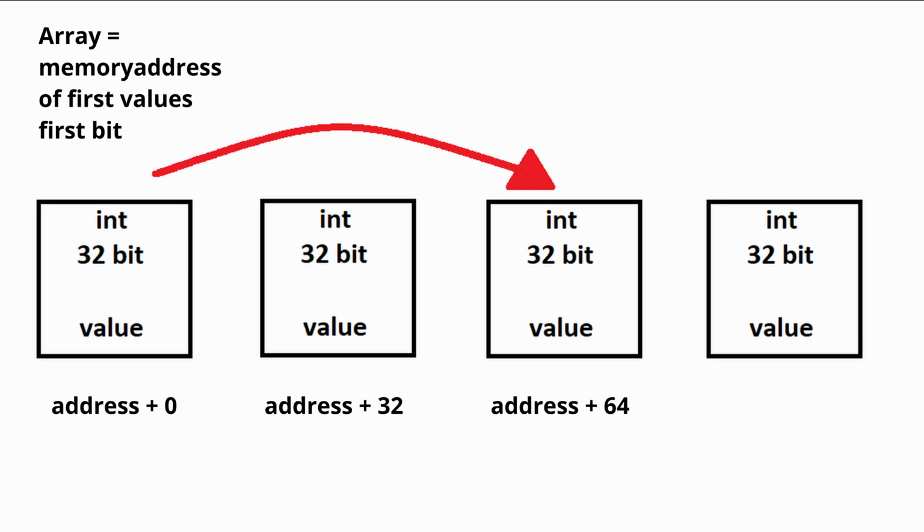And also, maybe you understand what the array itself just is. Because the array itself is just the memory address that points to the first bit of the array. And the first bit of the array is the first bit of our big continuous memory region. And that's how it's working in most of the programming languages.